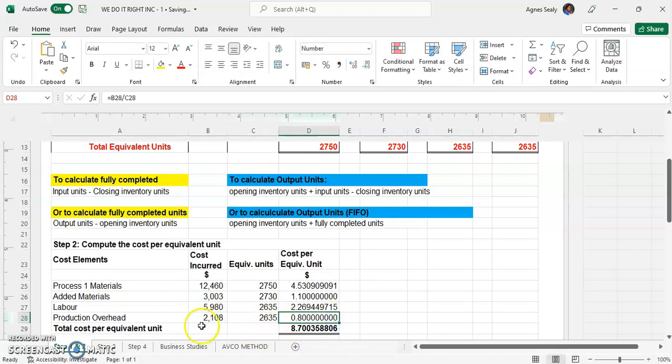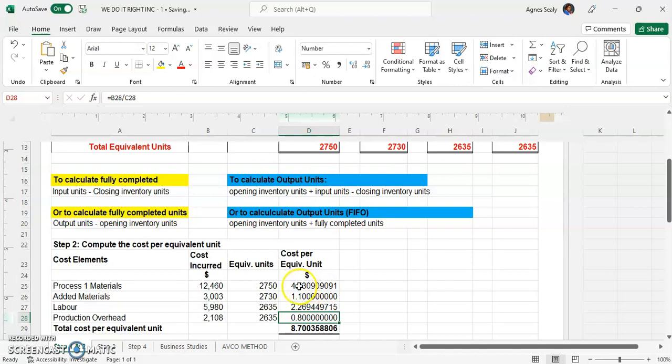So $2,108 divided by 2,635 gives us 80 cents. So again here I can round this. Why? Because the other figures here are zeros. So when I have all of these zeros, I can put this to 2 decimal places and say 80 cents.